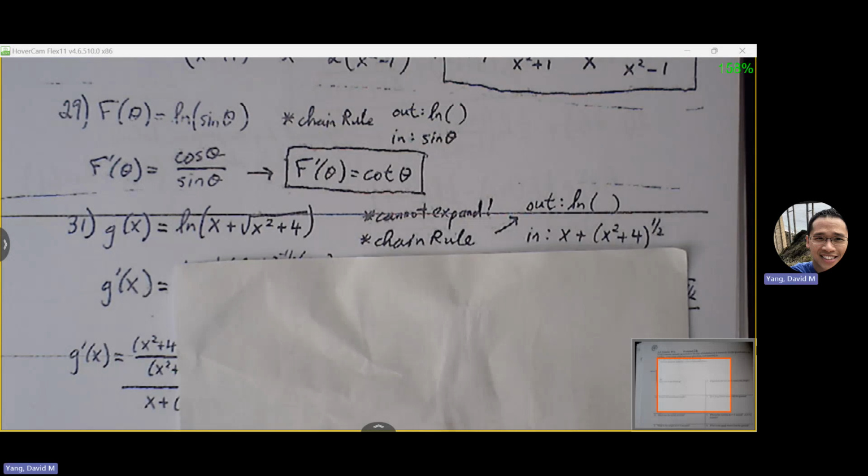Oh, I just thought of something here. If you're asked to find a derivative involving logs, I just want to show two things.